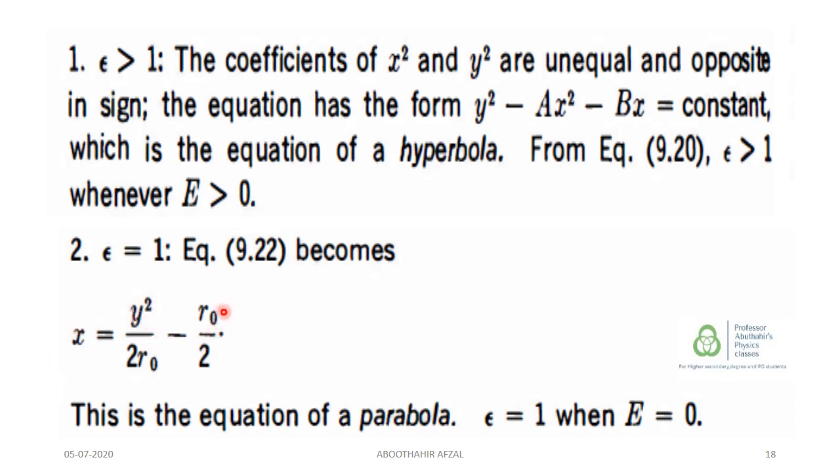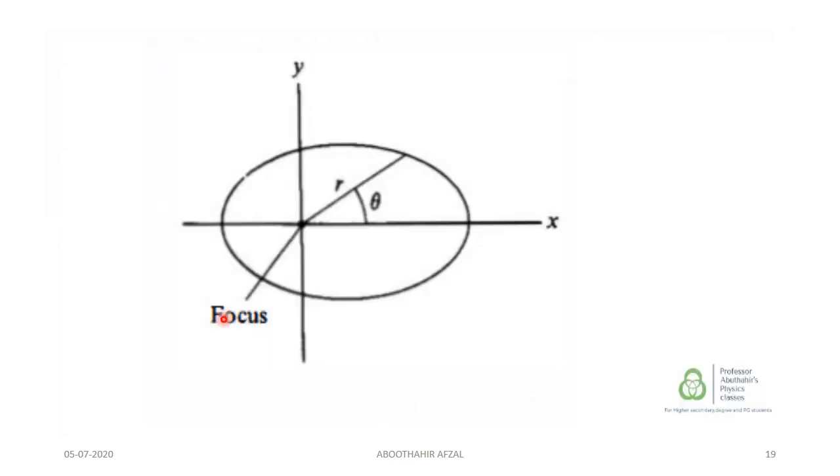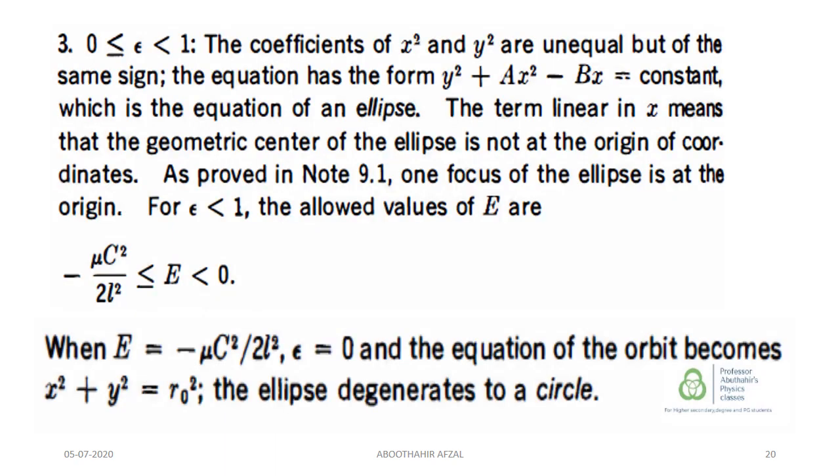That refers to epsilon equal to 1 and energy E equal to 0. So you can see the general orbit, and accordingly the value of epsilon changes. The orbit can become hyperbola or circle or ellipse or parabola, and accordingly the position of the center or the focus changes.